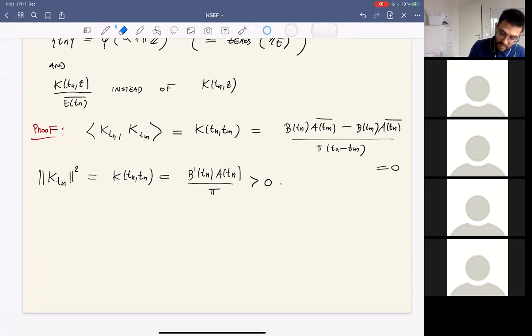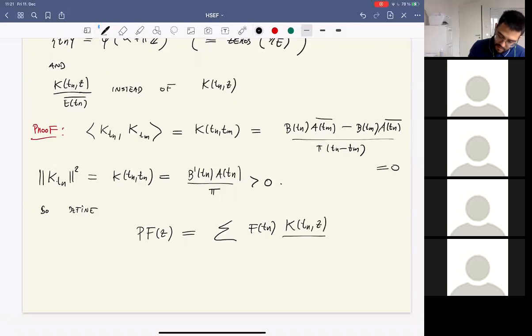Let me define the operator P. Let me write it first. So define PF of Z to be the sum here, which is just the expansion of the function in the basis. Well, we don't yet know if this is equal to F. It's definitely the expansion of the projection of F in this span.